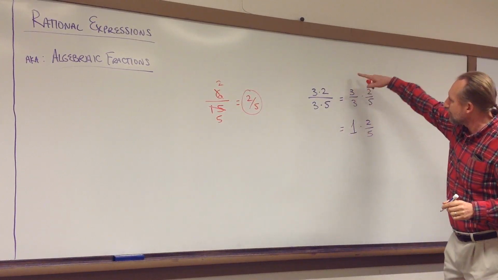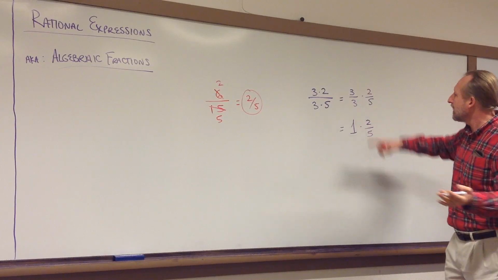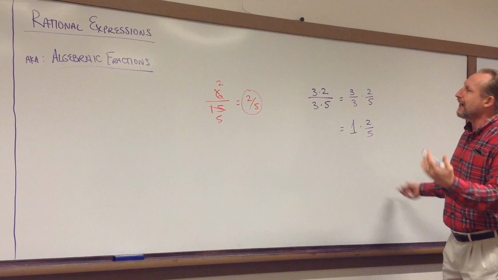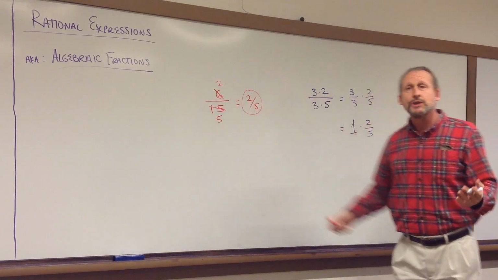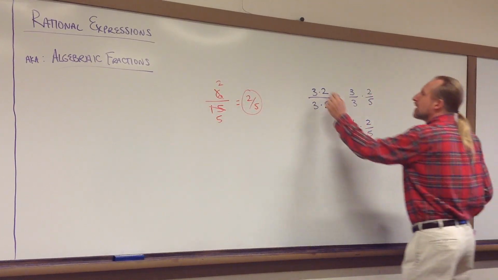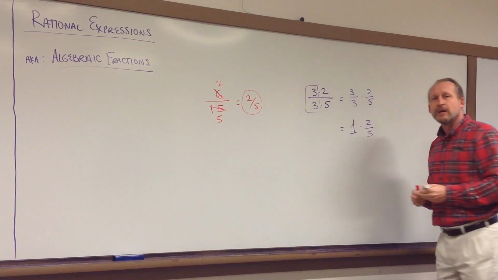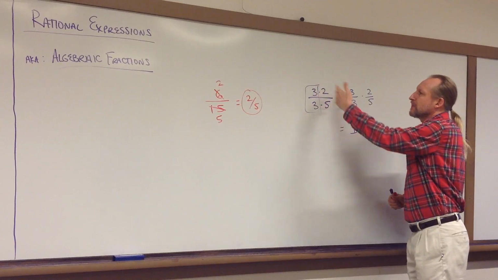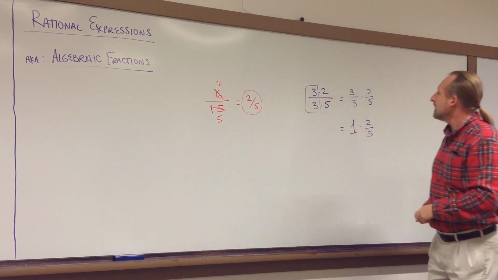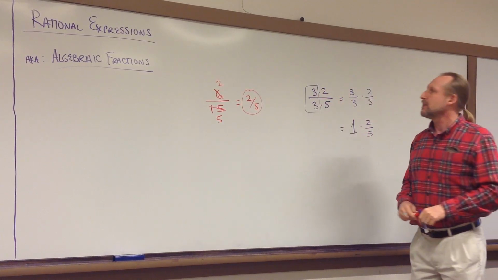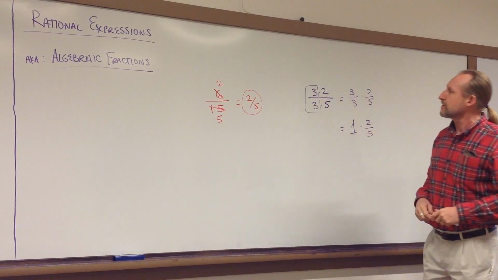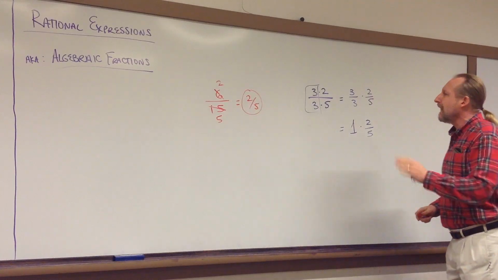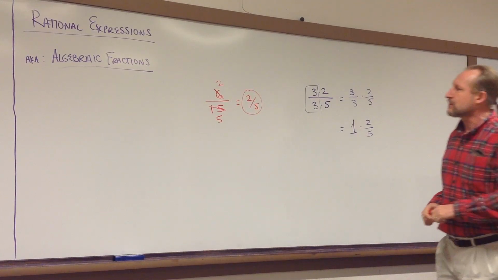Okay? 3 over 3 is equivalent to 1, and when you multiply something by 1, you don't change its value. So that's what we're doing when we reduce a fraction, is that we're eliminating these redundant factors of 1. Notice that this is all about multiplication. See the times signs here? This is all about multiplication and, to a certain extent, division, since the fraction bar represents division. But it does not involve adding and subtracting.